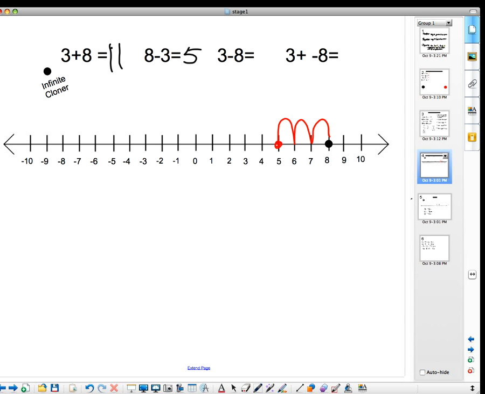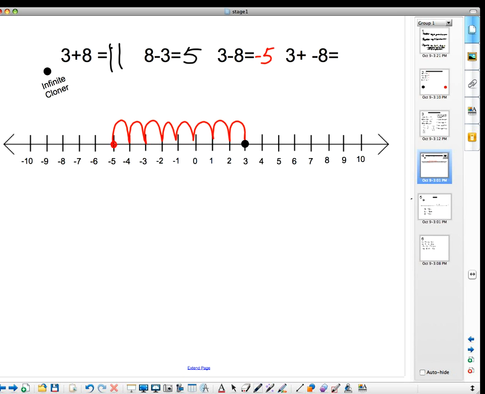Now that we have negative numbers in the mix, 3 minus 8, if I start at 3, I'm going to go minus, so to the left, 1, 2, 3, 4, 5, 6, 7, 8 spaces, and that's going to bring me to negative 5.